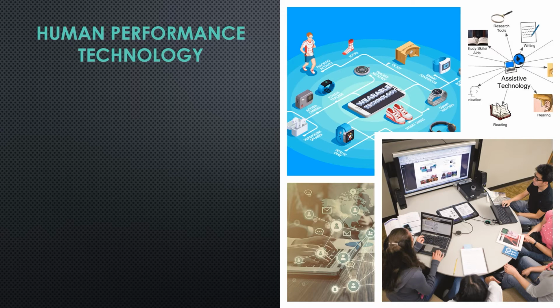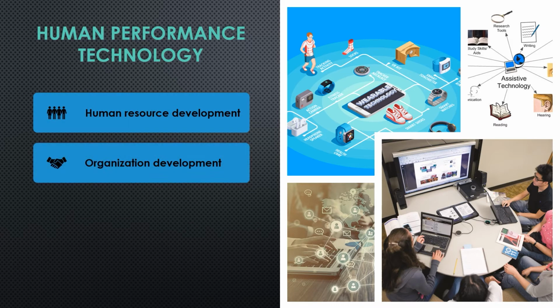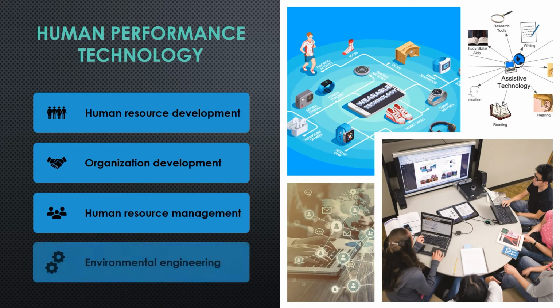These major areas are human resource development, organization development, human resource management, and environmental engineering. Human resource development is where interventions are concerned with improving the development of individuals. Organization development is where interventions are concerned with improving the performance of groups or teams.